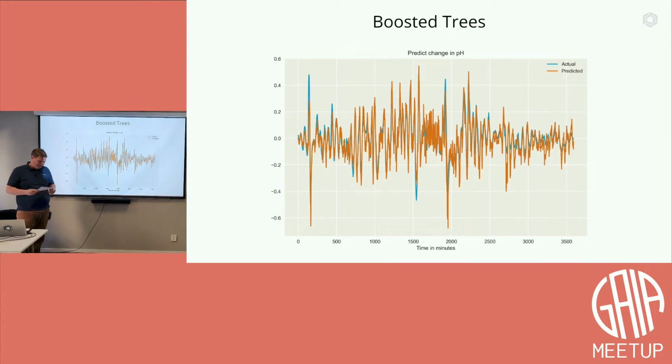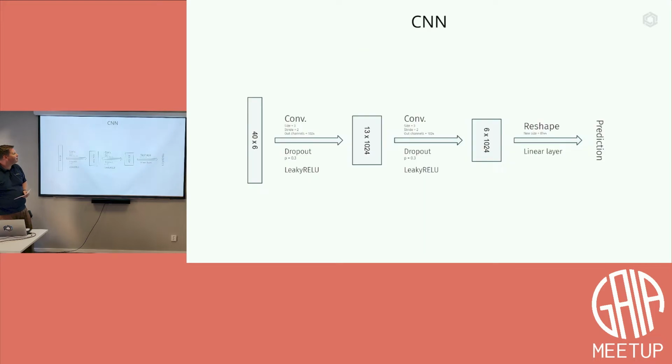But we can't stop here. We want to try more things. One of the things that you have to try is neural networks. Everyone expects a neural network. We actually tried a convolutional neural network, which is really common for image analysis. But instead of an image here, we decided to use the inputs.